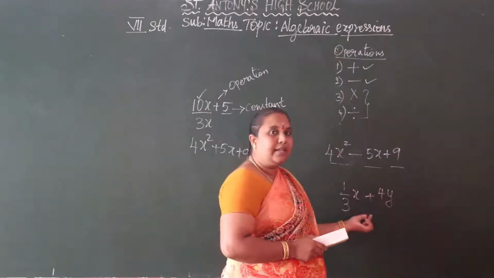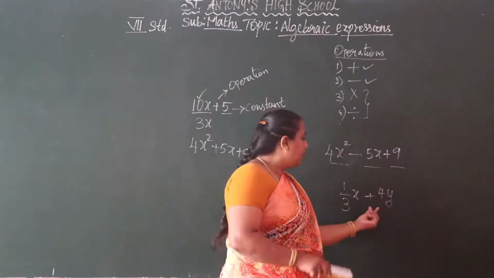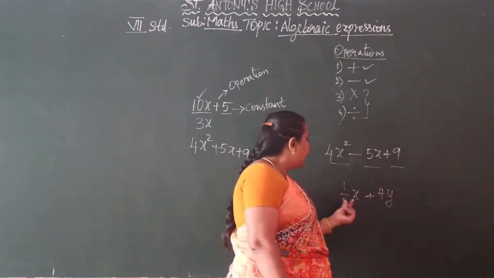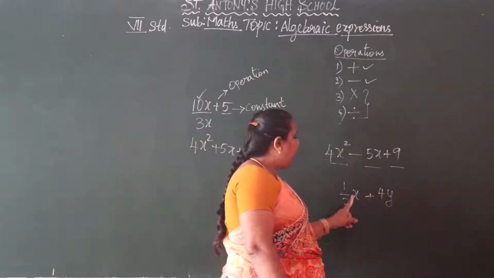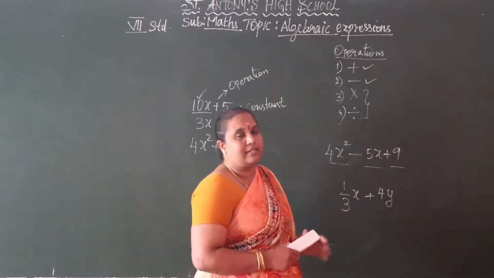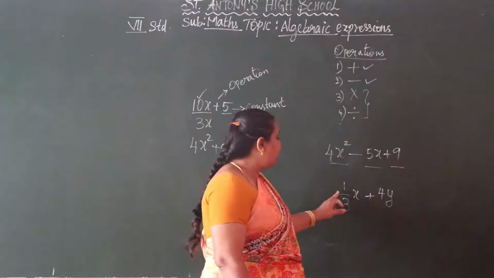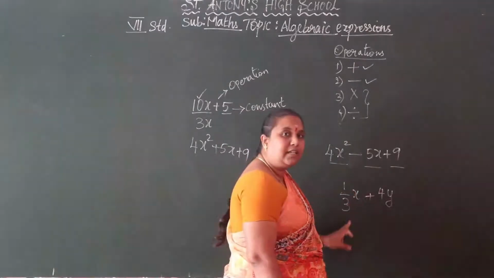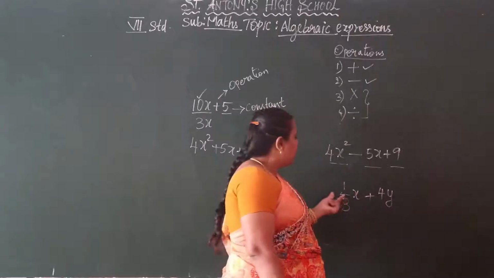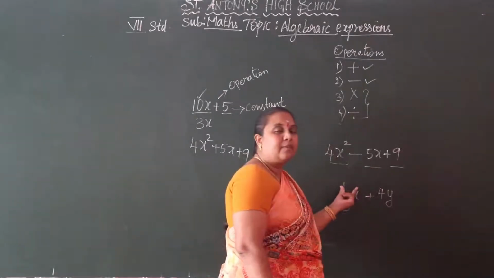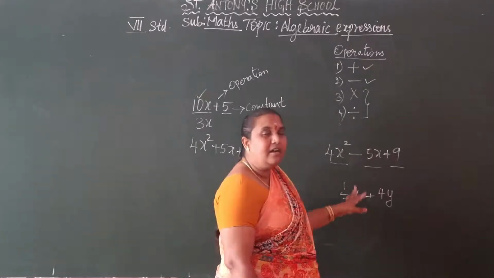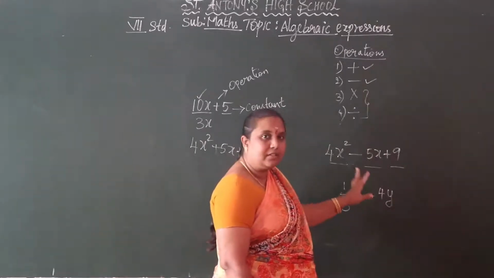Also here we are dividing the terms by the addition operation. Here 1 by 3x means 1/3 of x, that is x divided by 3. So here the division is also there, but that division is not separating this term.